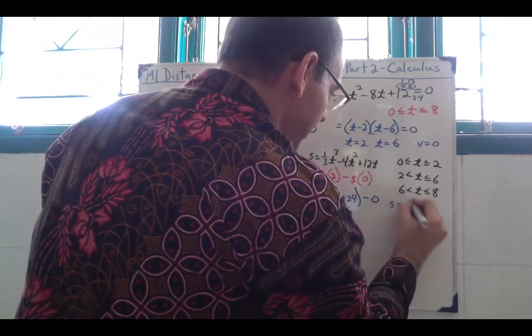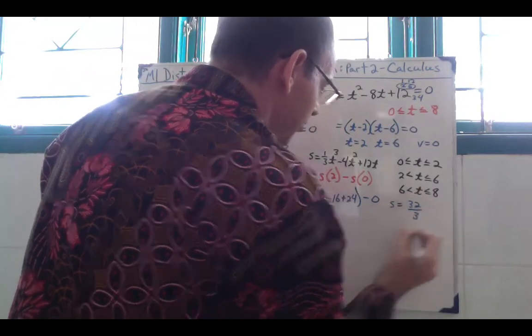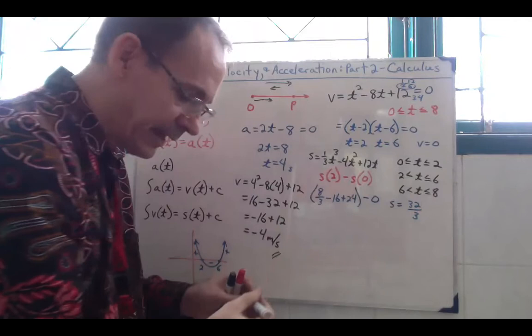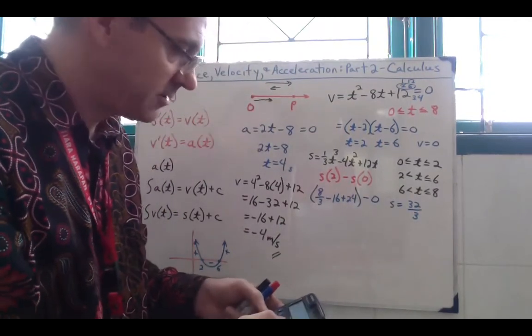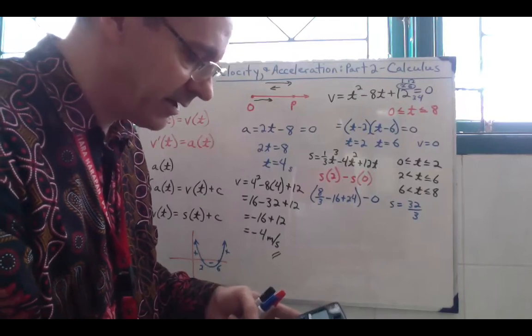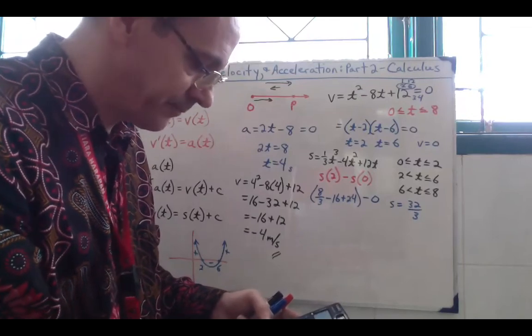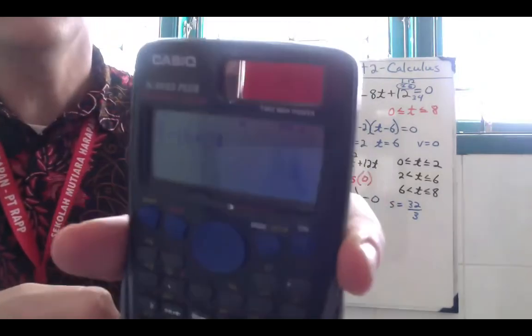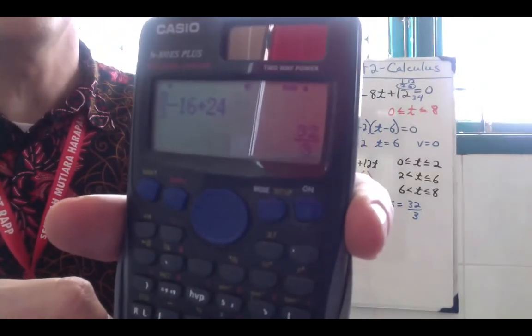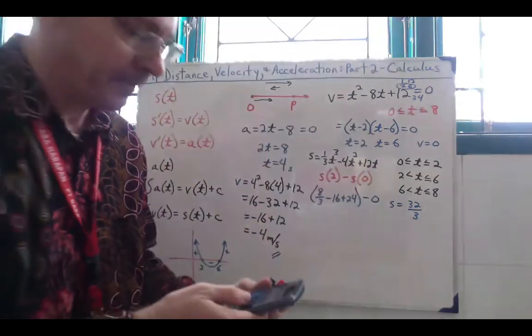Our displacement is 32/3 when you combine that together. So 8/3, you should do it on your calculator, follow along, making sure that you understand what's going on. There you go. You see the 32/3 when you combine that.